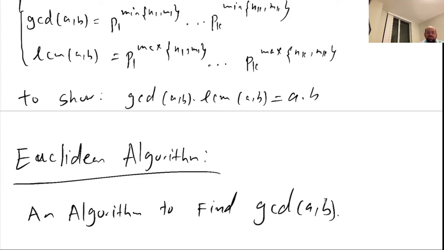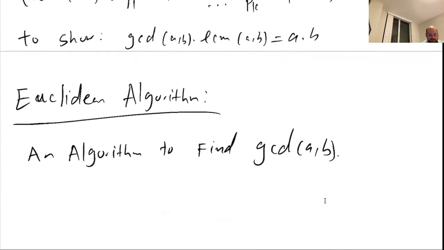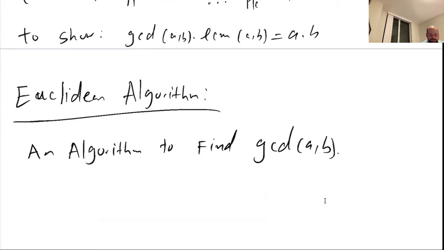Even though we have powerful computers these days, we still prefer faster algorithms that even computers can run faster. So we want an algorithm to find the GCD of A and B that is faster than the algorithm explained above.